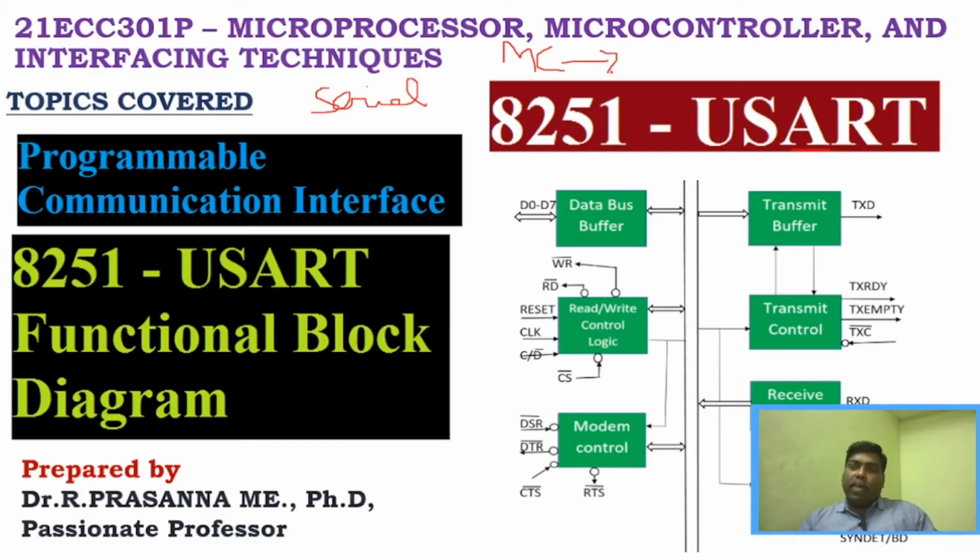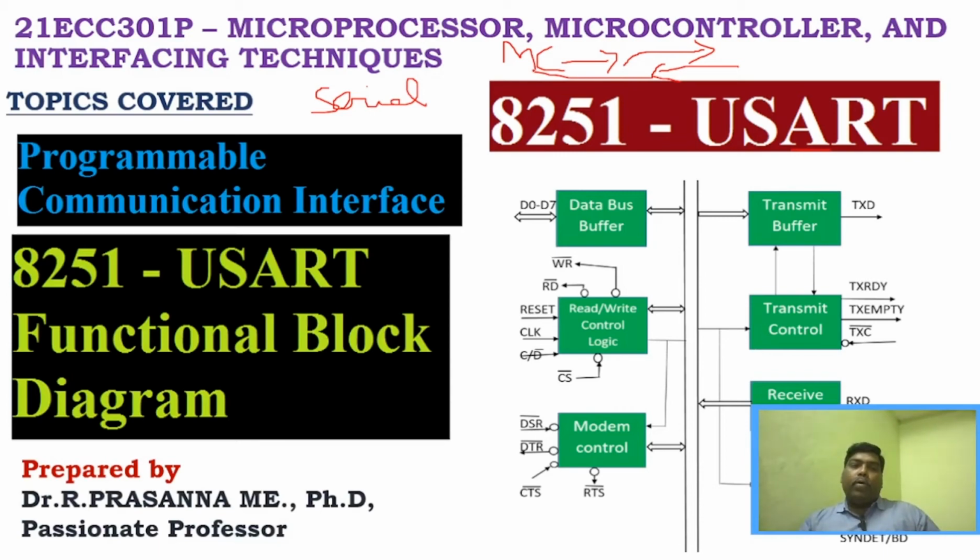So this 8251 will convert this parallel data into serial form and it will transmit it. And similarly, whenever it receives data, it will receive the data in serial form and it will convert it into parallel form and give it to the microprocessor. This is the importance of 8251, the main need of 8251, where it supports serial communication.